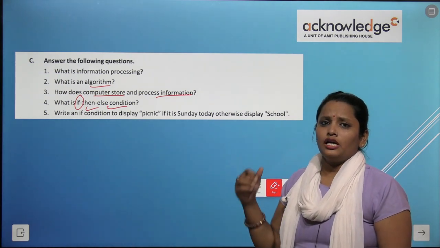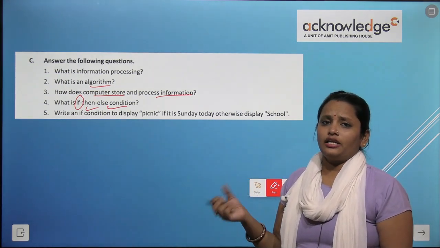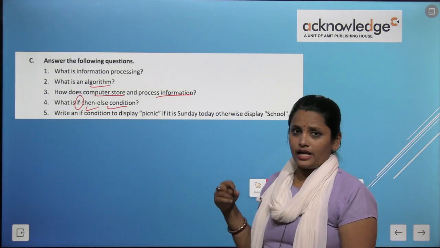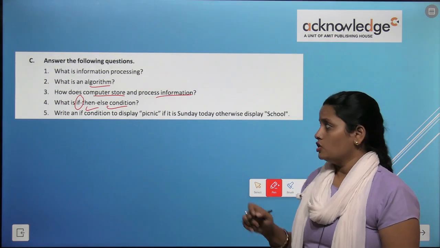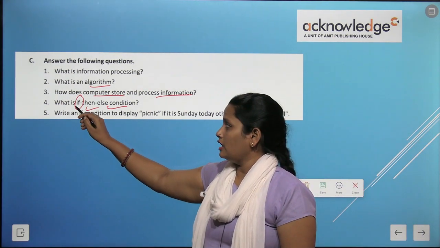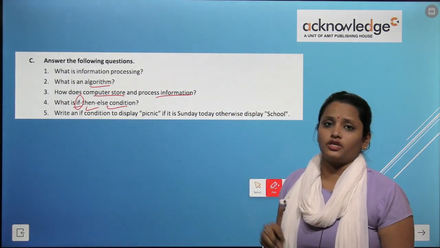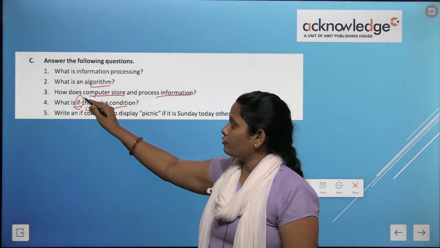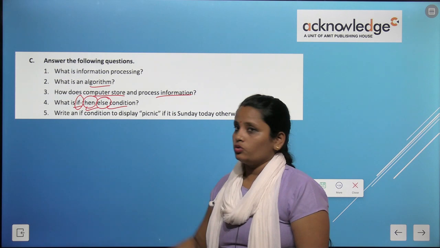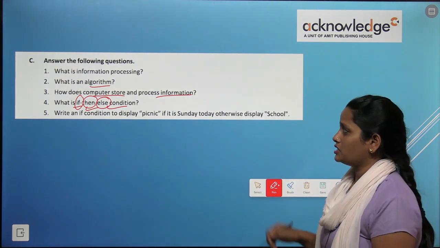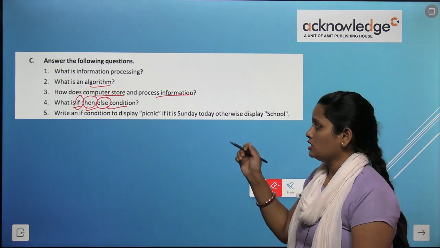For example, if it is raining, then carry an umbrella, else don't carry an umbrella. So here we are defining that if there is rain, then we have to do the work. Otherwise, we don't have to do the given work. So this is the if then else condition.